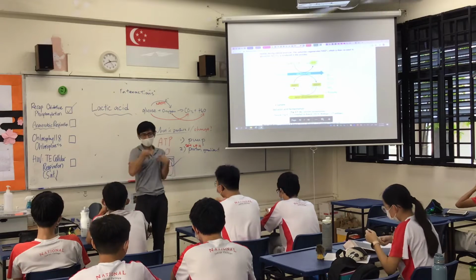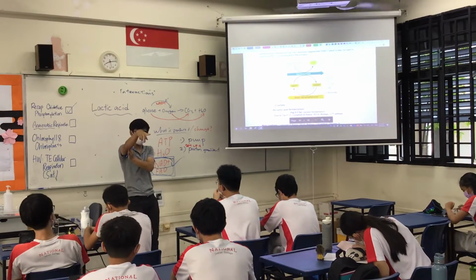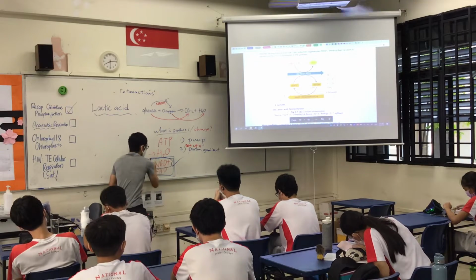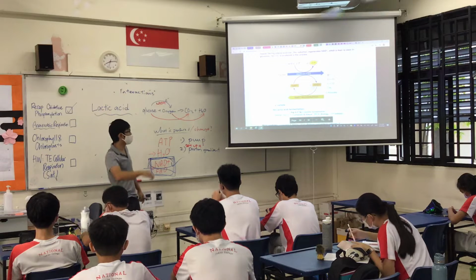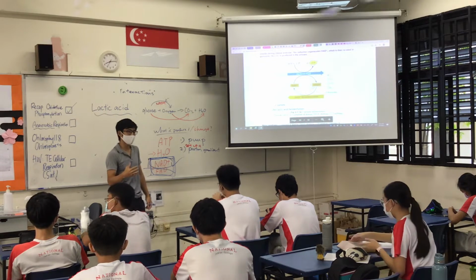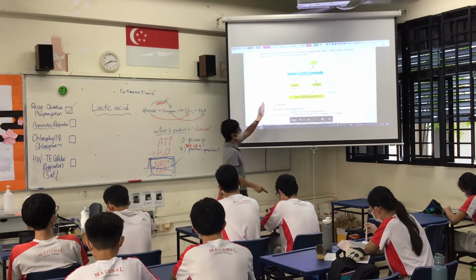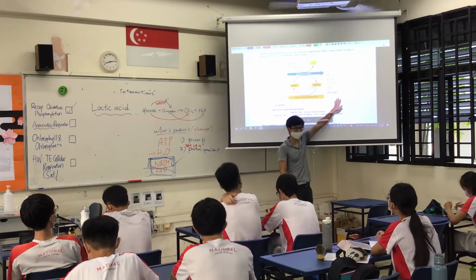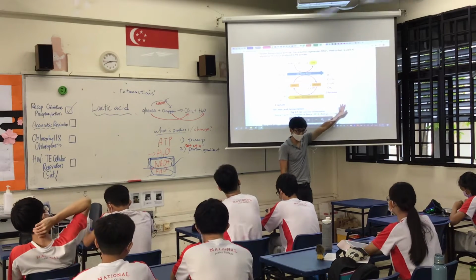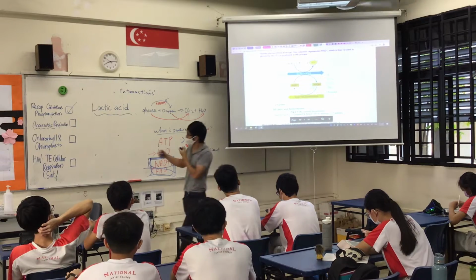So our body needs to respond and cope with this situation, right? Not enough oxygen. If there's not enough oxygen, we will stop regenerating NAD+, right? Okay, so how does our body cope with that? It copes with a very interesting idea. In glycolysis, right after pyruvate is produced, our body then converts pyruvate to lactic acid.